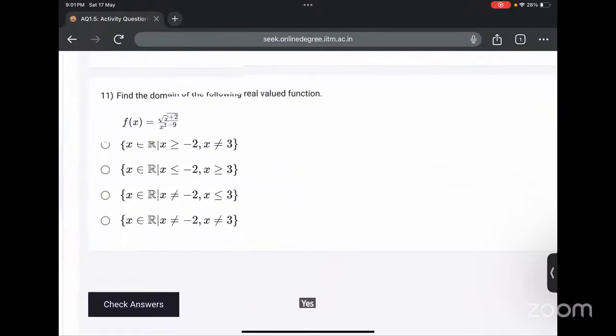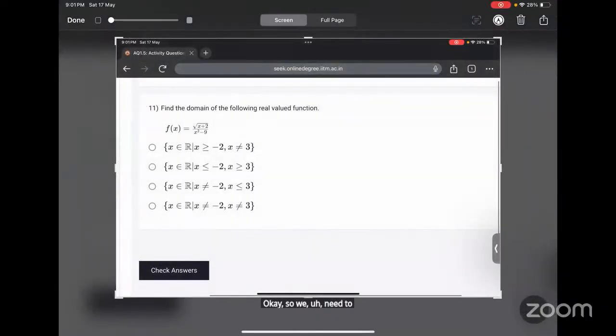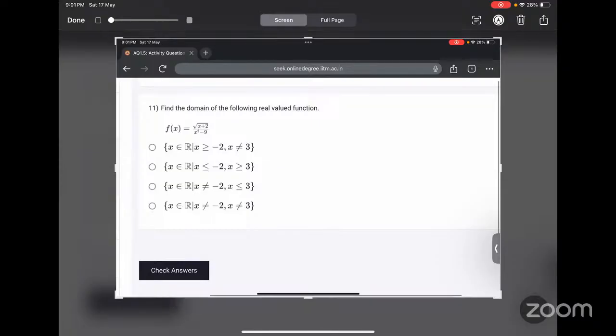Yes. Okay. So we need to find the domain of the function. So we have to find the points where the function is defined, right? So what should be the domain according to you? Just take some time to solve, then let me know, then I will solve. We have 1 upon some polynomial, we have under root of some expression.